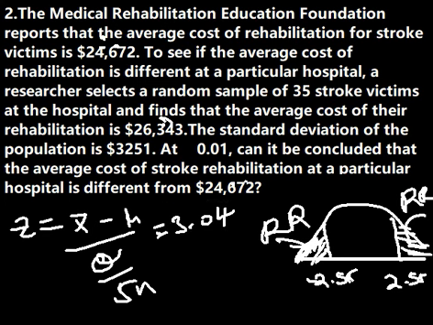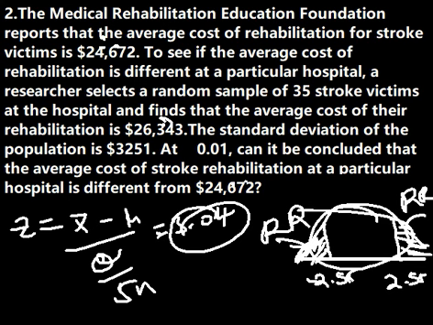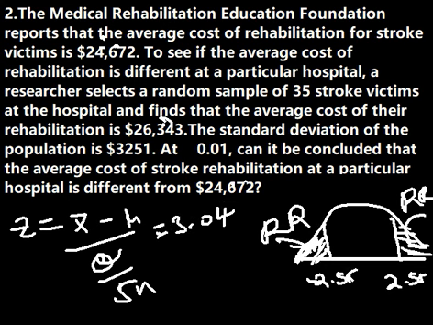Then from there, we have to compare. Where is the value located within the curve? As you can see, the value is located within the rejected region, because this is 2.58 and this is 3.04, which is also positive. It means the value is located on this side. Therefore, we are rejecting the null hypothesis.